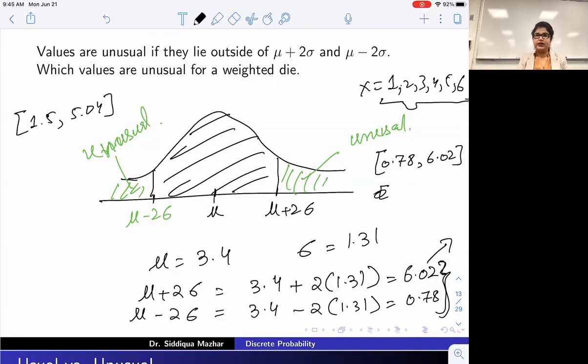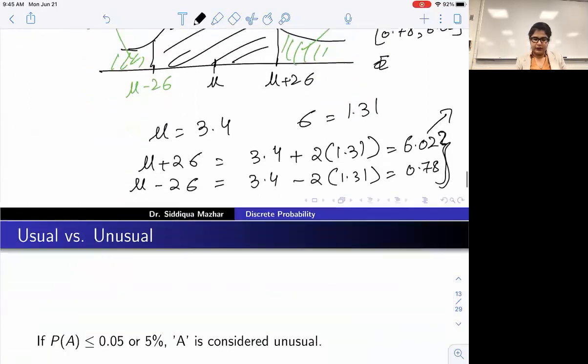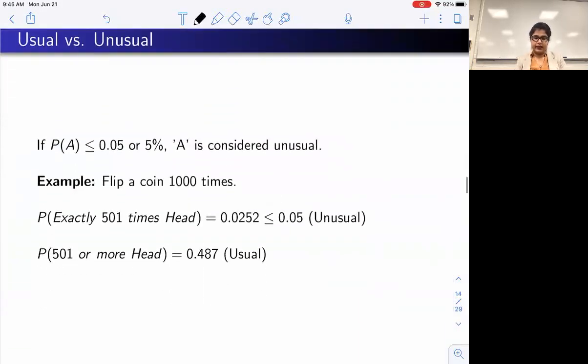Then 1 is not covered in this interval because 1.5 is further right. 1 is on the left of this interval, and 6 is on the right of this interval. So it does not cover these values. In that case, 1 and 6 will be the unusual values, and 2, 3, 4, 5 are usual values. This is what it means, right? So this is how you have to calculate the usual and unusual values.